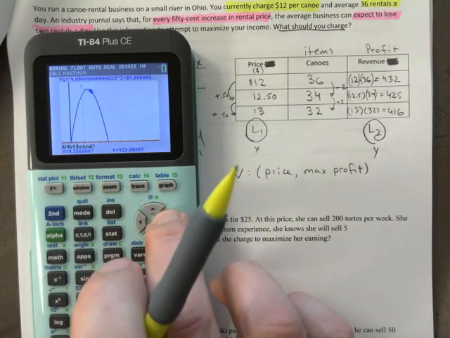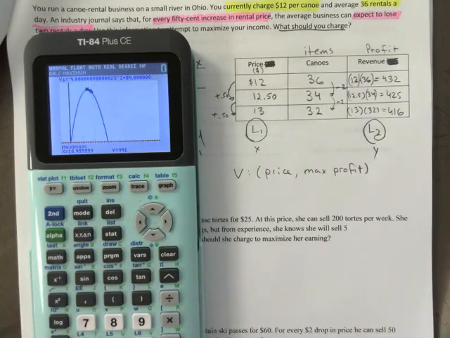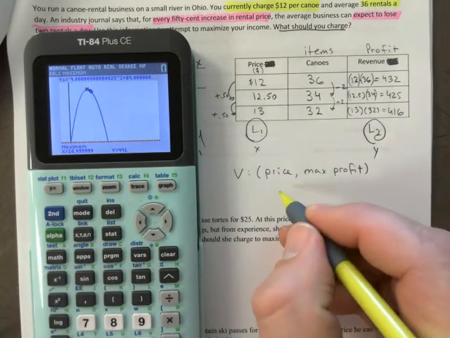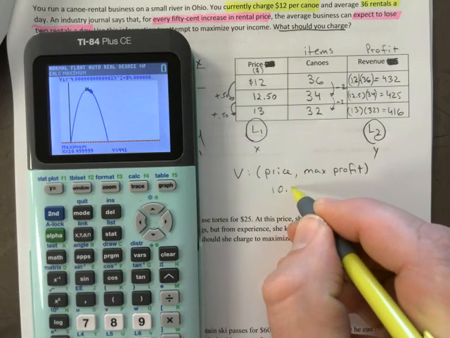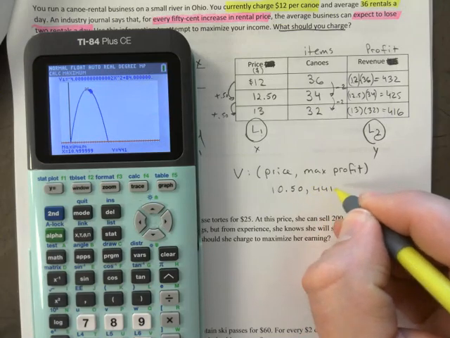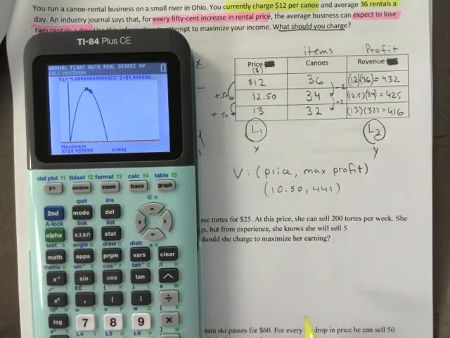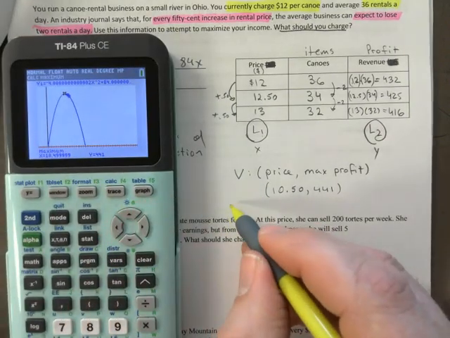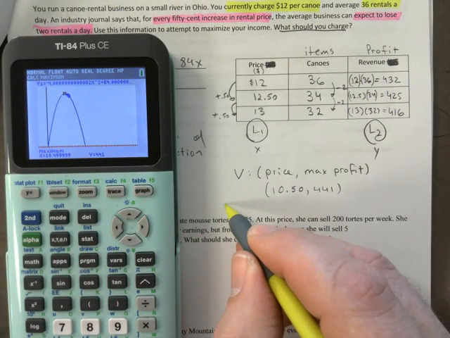Enter, enter, enter, and I get that if I were to charge $10.50 per rental, I would get the maximum profit of $441.